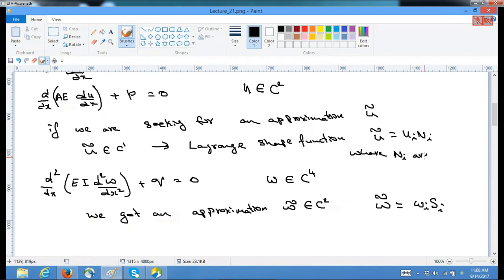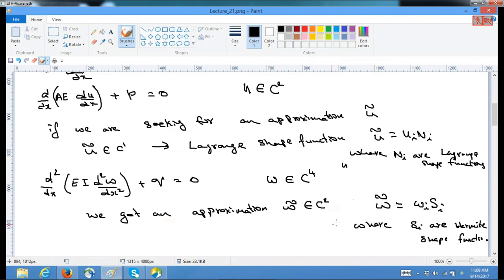Lagrange functions, shape functions, and where Si are Hermite. The difference between the both is, here your degree of freedom is only u, whereas here the degree of freedom is both w and dw by dx.